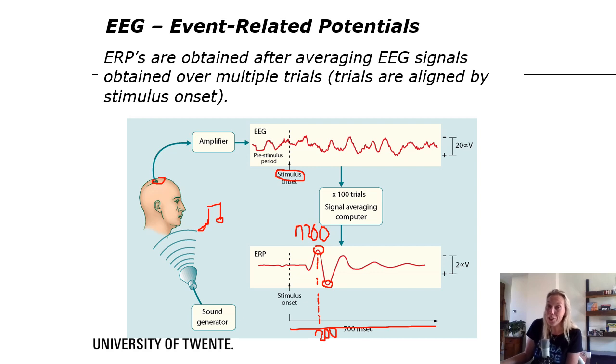And what the N200 tells us, psychologists, psychophysiologists, is that an event was detected, a tone was detected. If I present the sound louder than I did, I will see that there is a rise in the N200. Similarly, if somebody is paying attention to these sounds, I will see that there is a larger positive peak. This one is the P300. So all of these potentials and tricks we can use to understand better the brain. And we also use these event-related potentials within brain-computer interfaces.